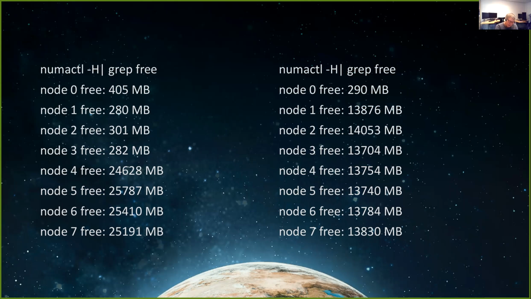Core number 0, the first core, normally runs operating system processes and such, so the first NUMA bank is very often lower than the others. But this is a way of life. You see it's spread out fairly evenly.